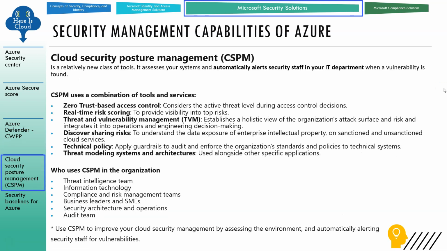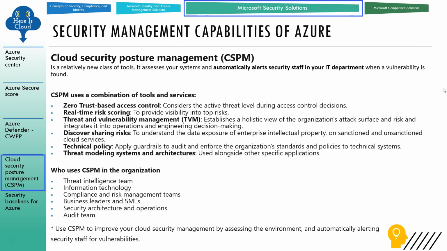So next is Cloud Security Posture Management, which is CSPM. It's a relatively new class of tools. It assesses your system and automatically alerts security staff in your IT department when a vulnerability is found. It uses a combination of tools and services. For example, zero trust based access control, which considers the active threat level during access control decisions.